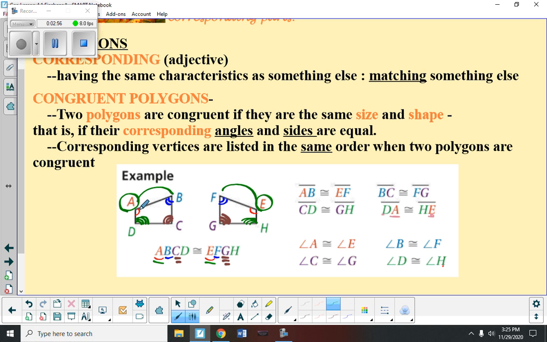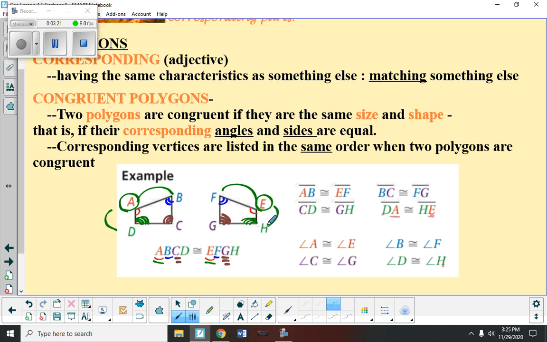And they are the same size angles. And angle B and F are the same size angles, so they are both second, all right? And then you would have AD congruent to EH, I should say. Or you could say DA and HE.